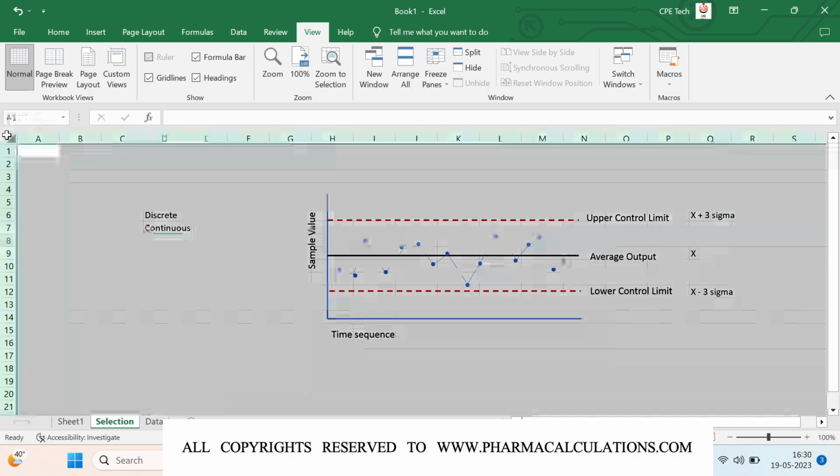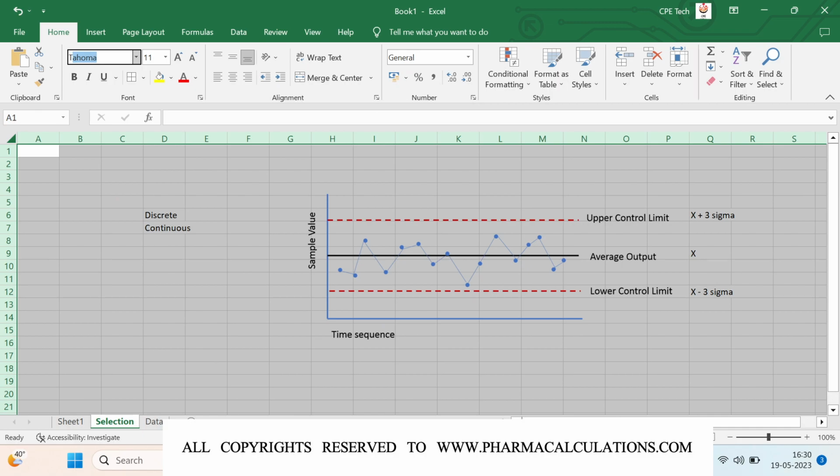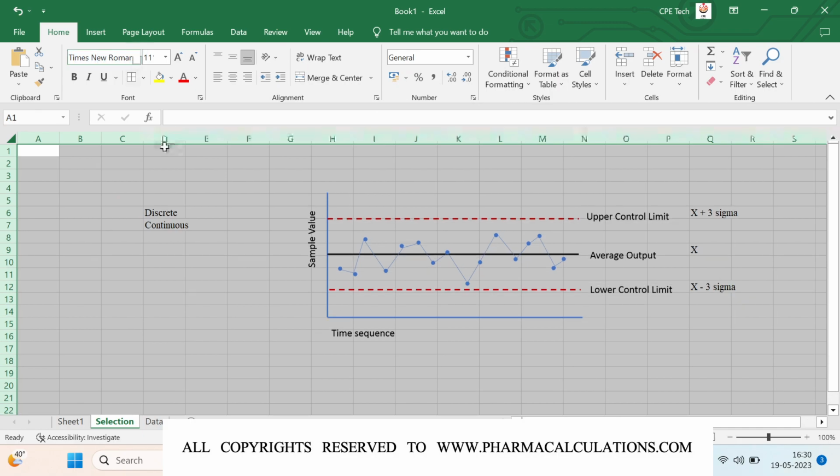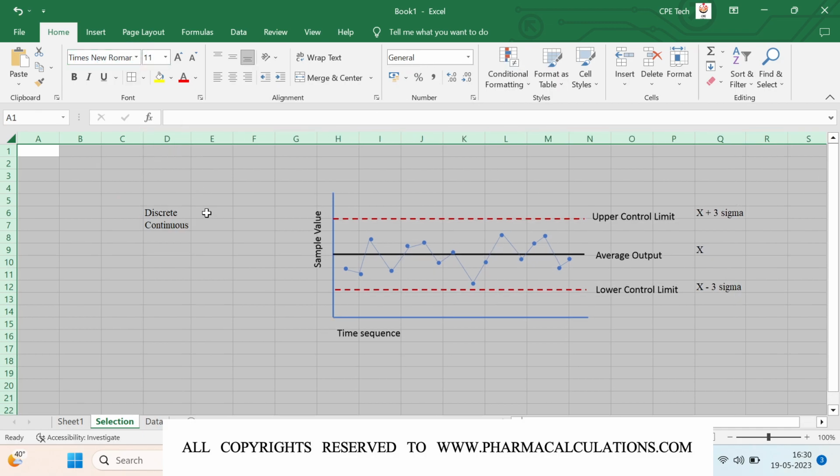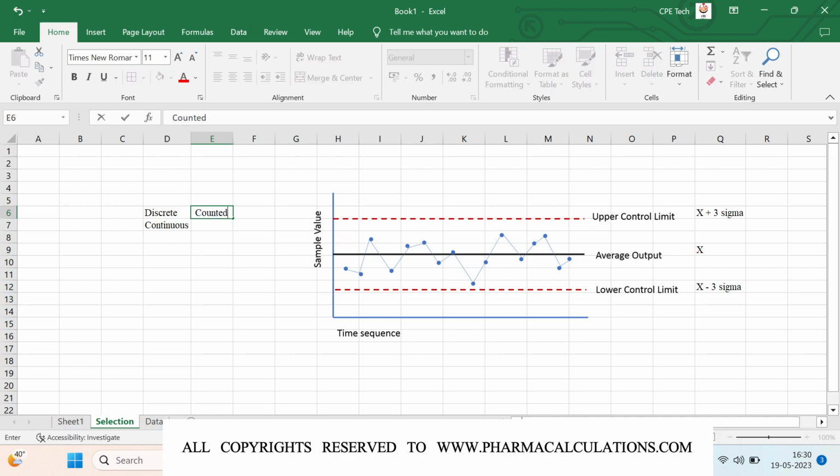Discrete data is data which can be counted. If you are going to plot a graph for the batches that are executed in different months of a specific financial year, in such a case we count the number of batches. So the data that you collect with respect to the batches is discrete data.